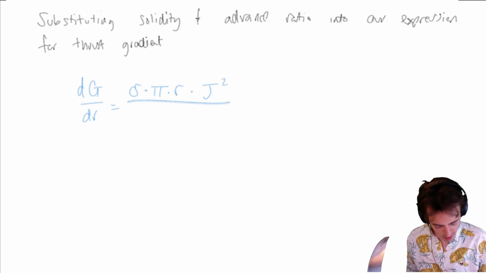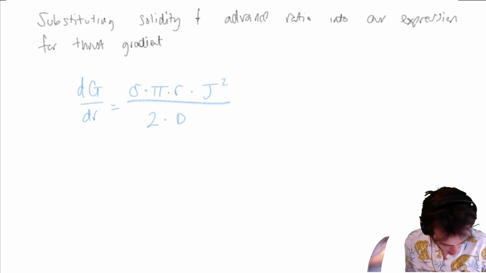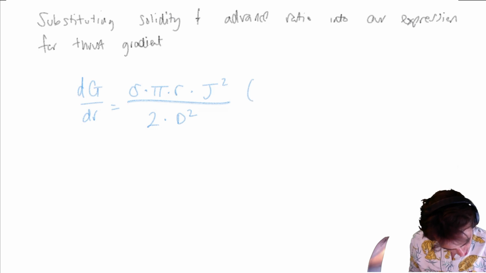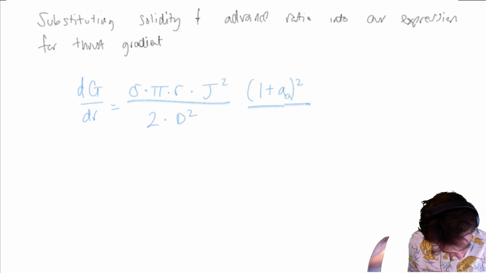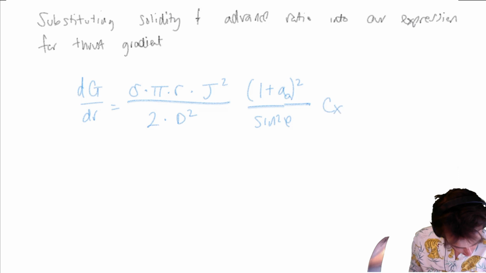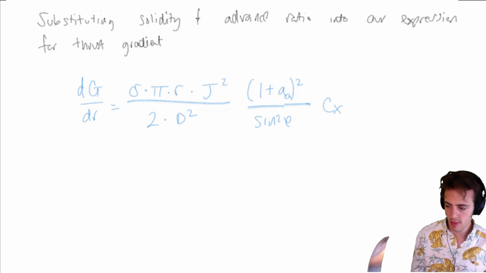So we're going to combine things in the denominator, 2 and d squared. And we're then going to have 1 plus a squared divided, that should be aa squared sine squared phi cx. So this is looking somewhat tidier now because we've introduced all these extra terms in here.